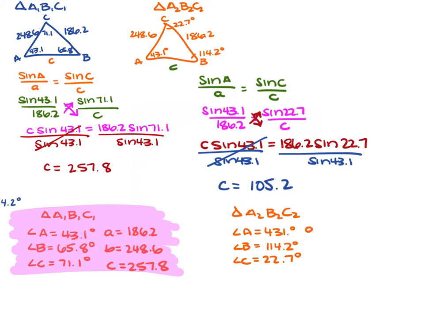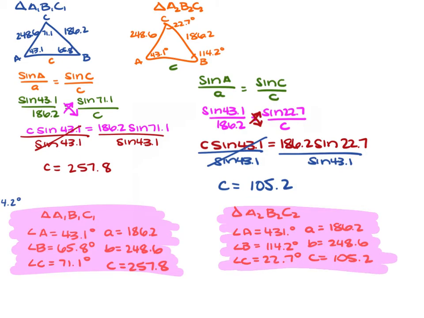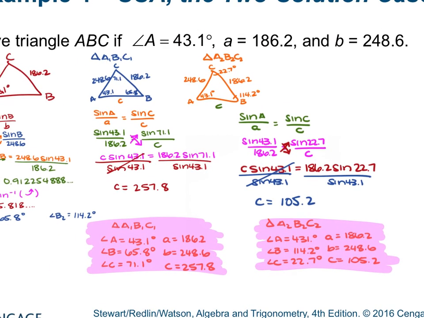For side length A, again, that's 186.2. Side length B, again, is 248.6. And we found side length C to be 105.2. So again, two different triangles for two different solutions for this example.